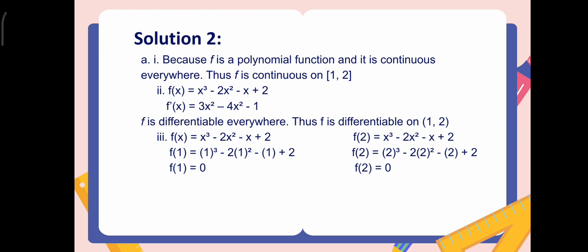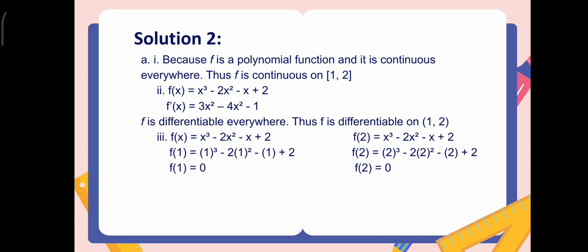Let us find f prime of x using the power rule, the constant rule, and the sum and difference rule. So we have 3x squared minus 4x minus 1. So f is differentiable everywhere, thus f is differentiable on the open interval (1, 2).